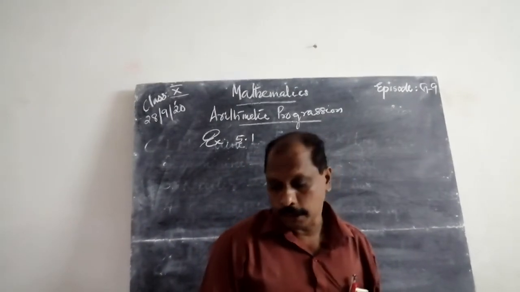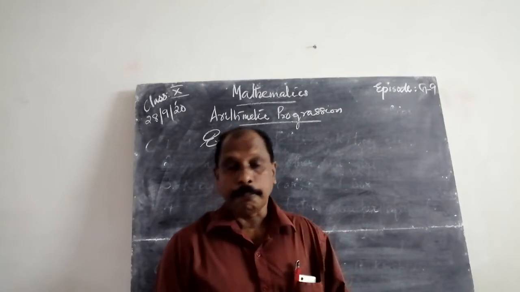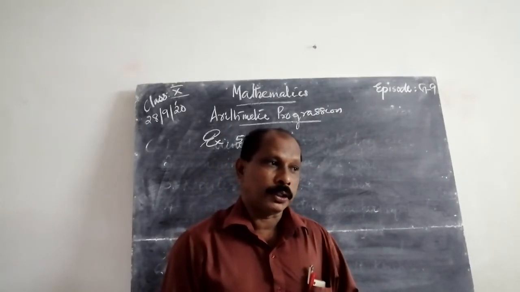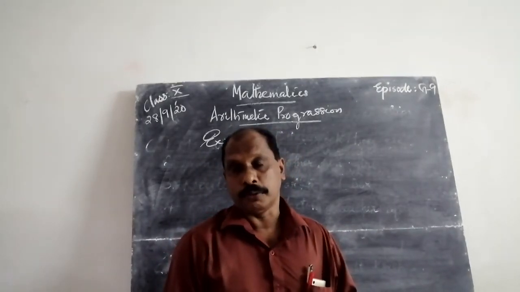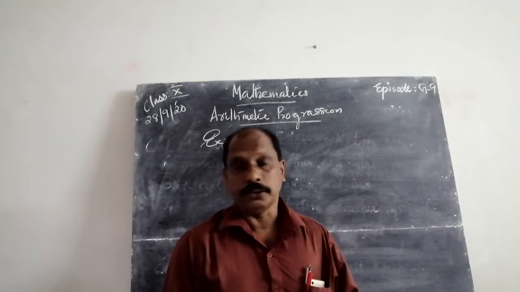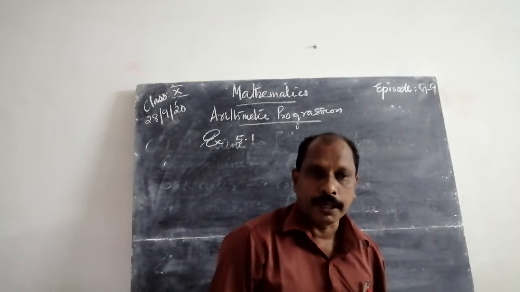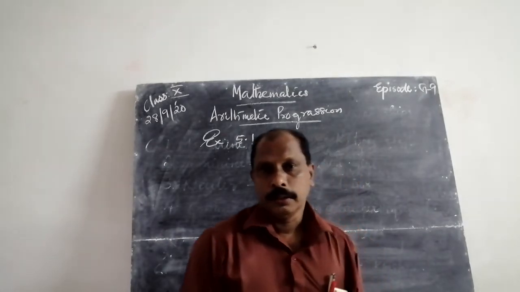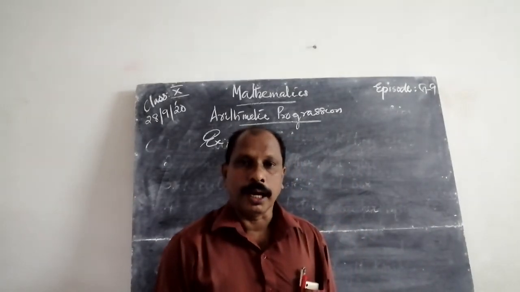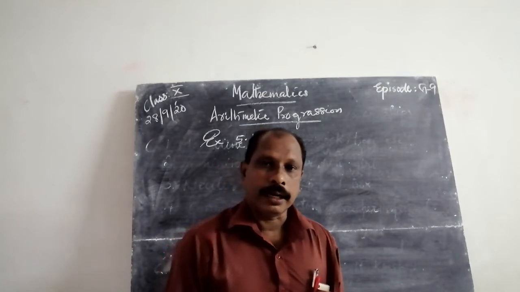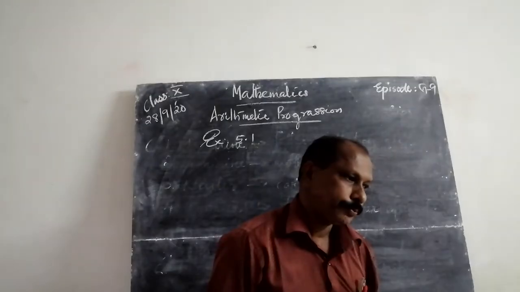Then the second point: the number of terms of an arithmetic progression is obtained using the formula n is equal to last term minus first term by common difference plus 1, that is n is equal to an minus a by d plus 1.